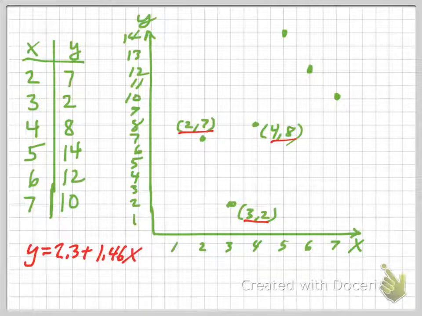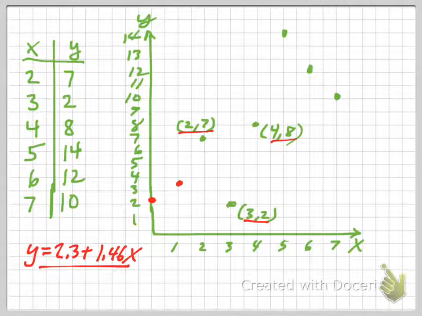So if x is equal to 0, y is equal to 2.3, so my first point on the line is right here. If x is equal to 1, y is equal to 3.76, so 3.76 is about here. So those are 2 points that are on my regression line.